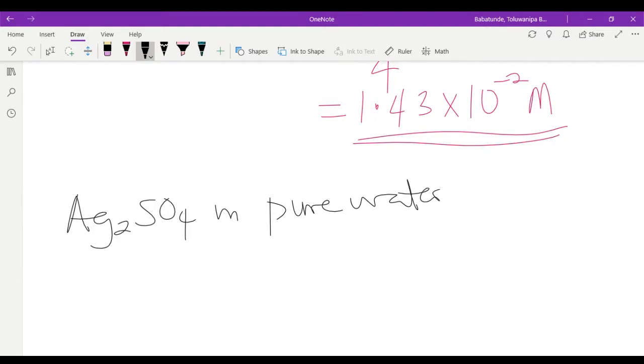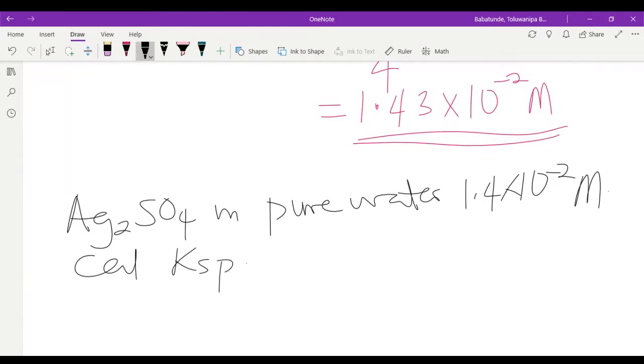The molar solubility of silver sulfate in pure water is 1.4 times 10 to the negative 2 molar. So in this case, we want to calculate Ksp. The molar solubility is 1.4 times 10 raised to power negative 2 molar, and we want to find Ksp.